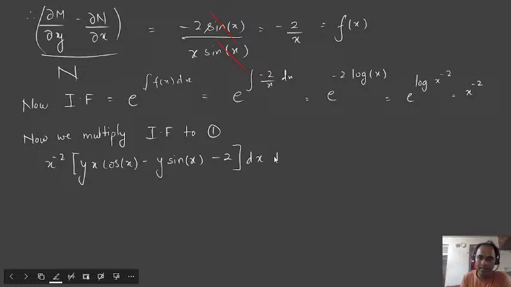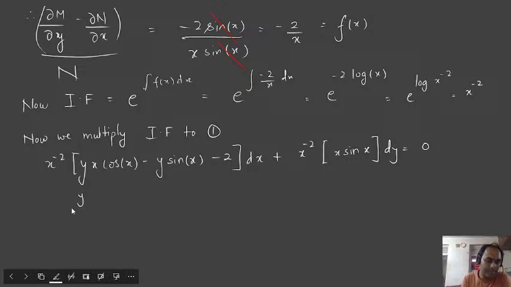dx, and then there is x raised to minus 2 multiplied by x sin x dy equals to 0. Now let us simplify this.